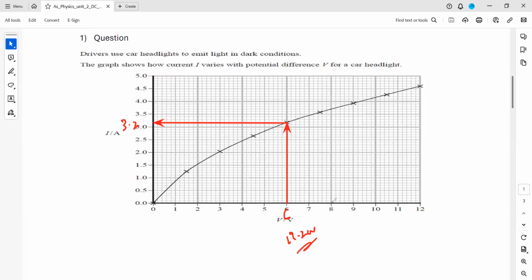So if you check 9 here, this one is 9 and this is between 3.678, so this is about 3.95. So when you multiply them, you will get the minimum power.